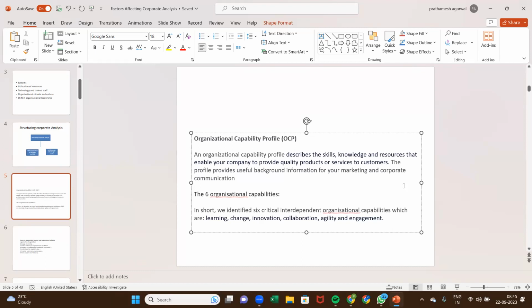So in order to improve the performance, the strategist will do a SWOT analysis. Then we will look at the resources and the capabilities to fulfill the objectives. Are the resources and capabilities aligned with the objectives? Now these factors provide a competitive edge. Competitive edge means how are we better than the other organization? So there are basically two major profiles. One is the OCP and the other is the SAP.